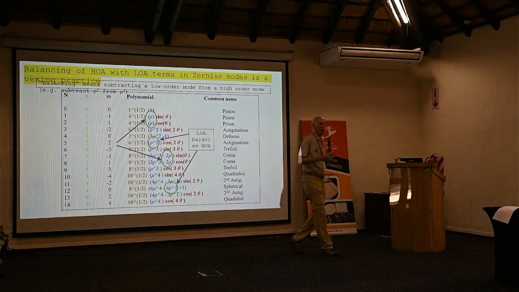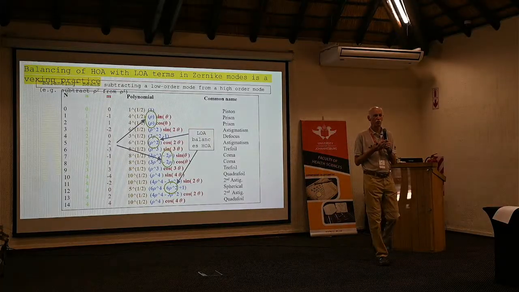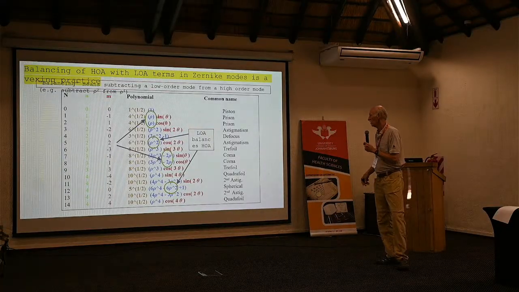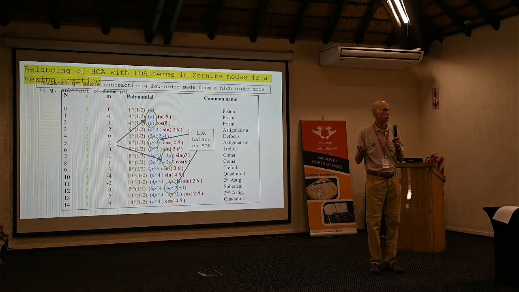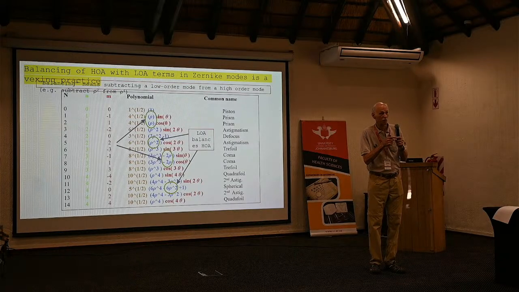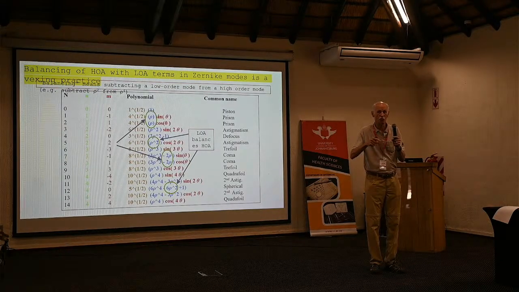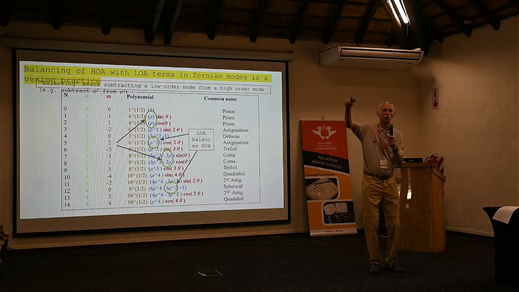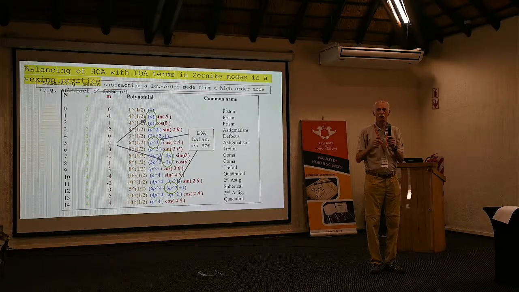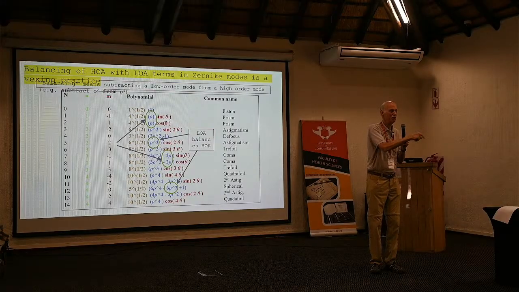So the way you make the Zernike mode for spherical aberration is to take an r to the 4th curve, which people traditionally called Seidel spherical aberration. That surface is going to grow rapidly as r to the 4th power. But then subtract off some defocus. So instead of having this lovely 4th order curve going up like that, when you subtract off some defocus, it goes like this instead.